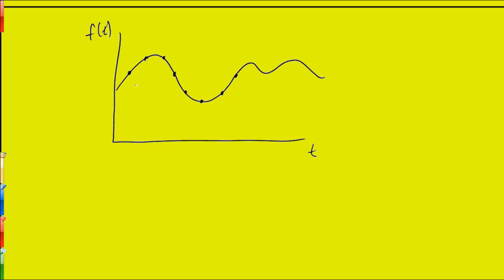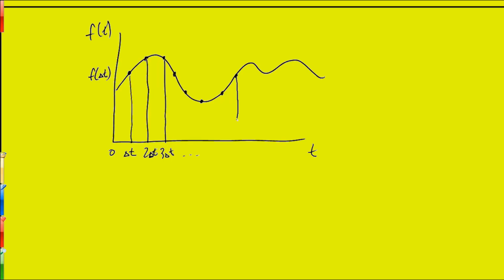And we can say, for example, that we'll call this 0 here, this is some time delta t, and this is f at delta t. And this is time 2 delta t, 3 delta t, and so on.